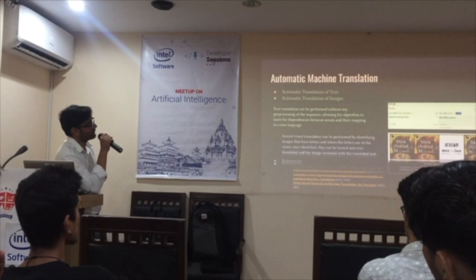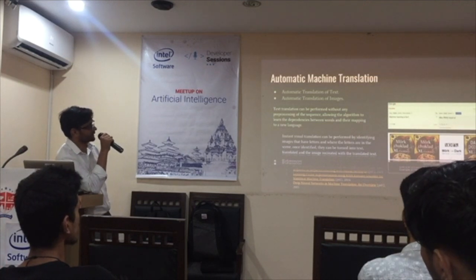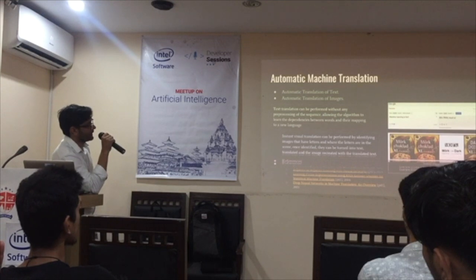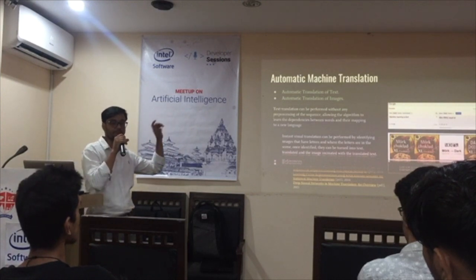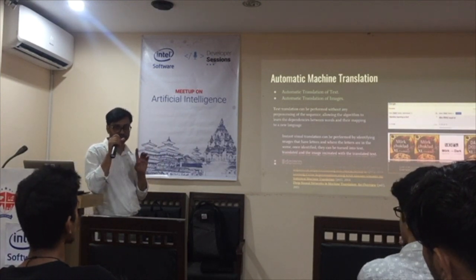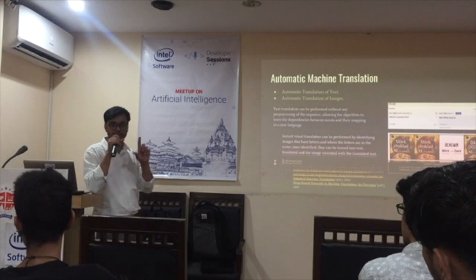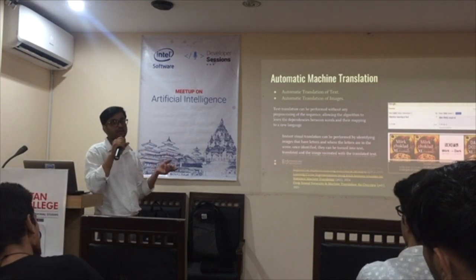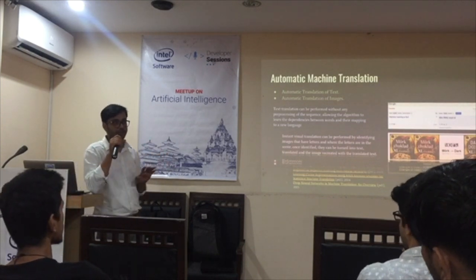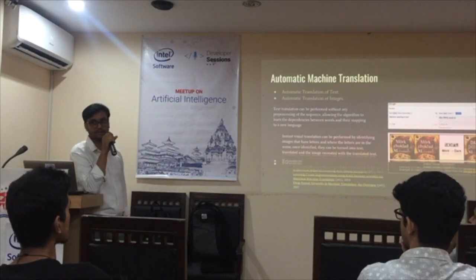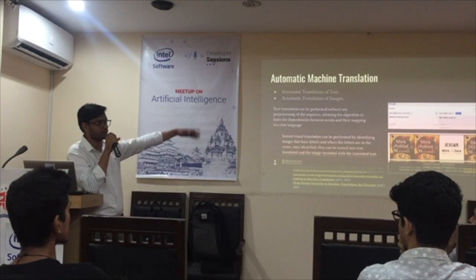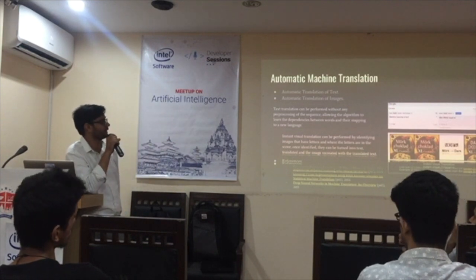Text translation can be performed without any pre-processing of the sequence, allowing the algorithm to learn the dependencies between words and their mapping to a new language. It is a little technical term. Here recurrent neural networks or LSTM neural networks are used, or sequence-to-sequence learning, deep learning methods are used to learn this and to find a solution for this problem.